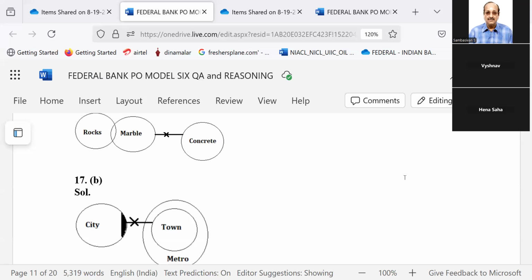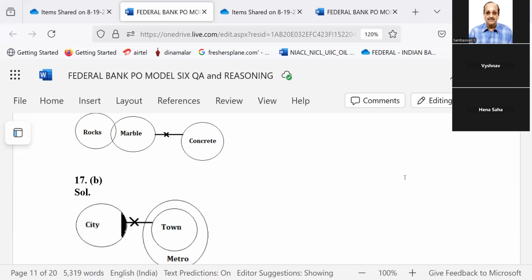Option B is both are correct. No. Option B is if only conclusion 2 follows. See, some city being metro is not a possibility because there is no connection between city and metro. Acha.